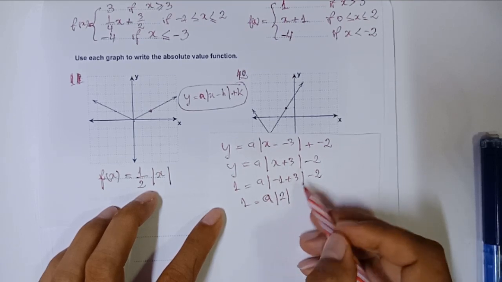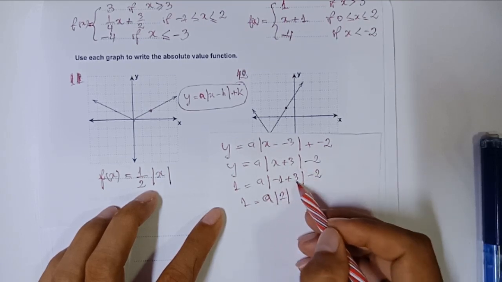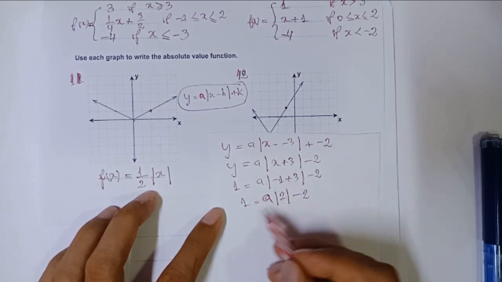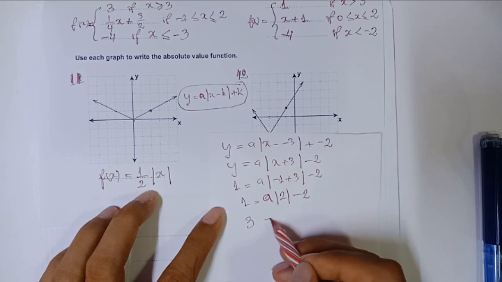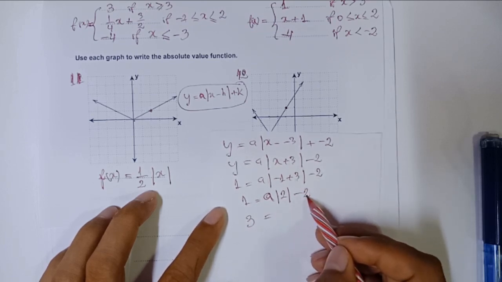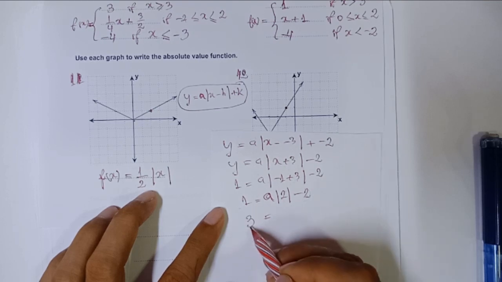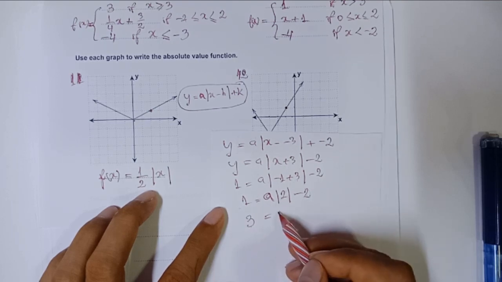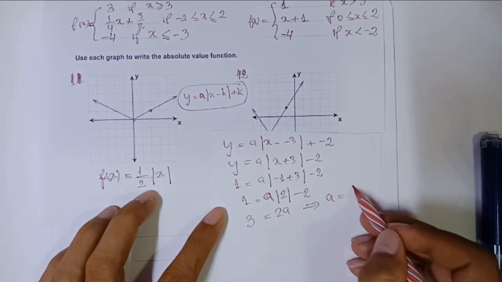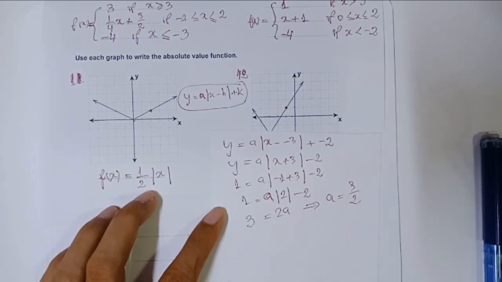I got 2 right here because -1 plus 3 is 2, and minus 2. I move my 2 to the other side, so plus 2 becomes positive, and 1 plus 2 becomes 3. So 3 equals 2a. It implies that a is equal to 3 over 2.